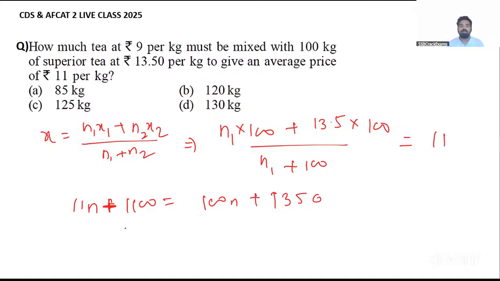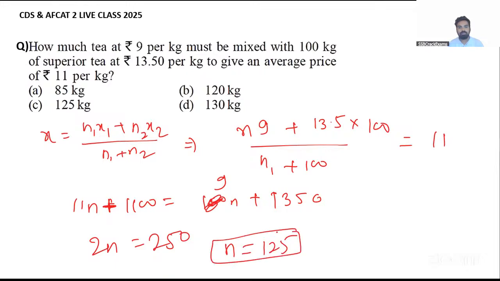Just subtract it, and you will get 9n. Now 2n is equal to 250, so N is equal to 125.